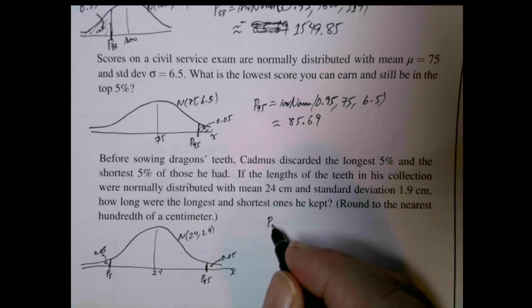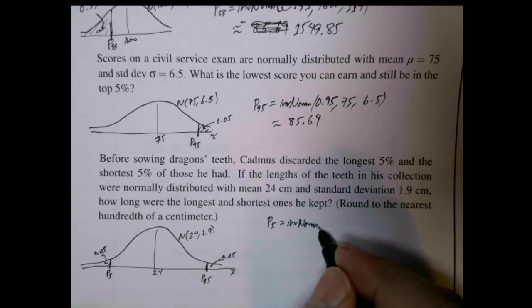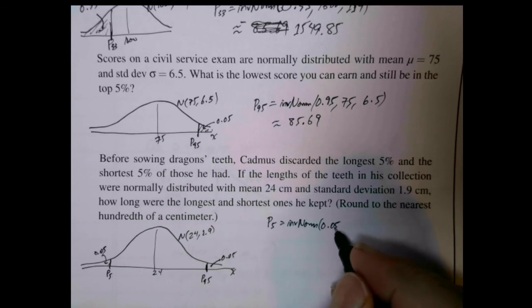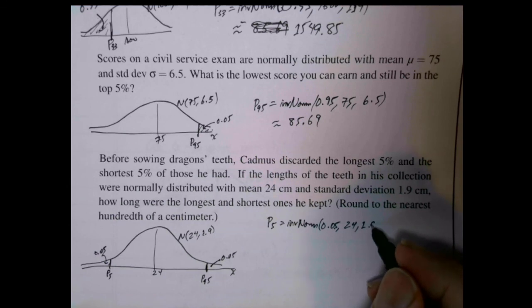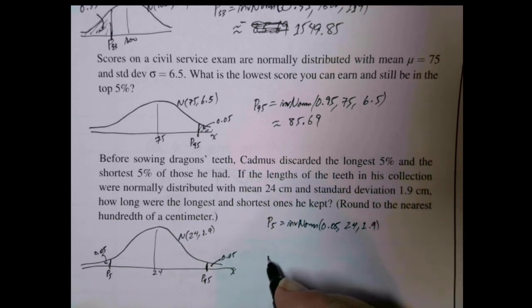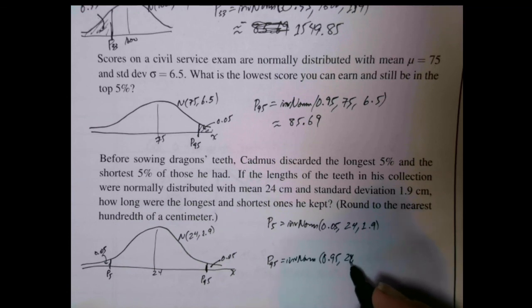So the shortest would be P5, which would be given by INVNORM of 0.05, comma, mean, comma, standard deviation. And the longest would be given by P95, INVNORM of 0.95, mean, standard deviation.